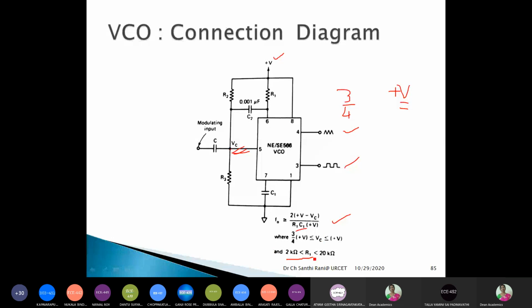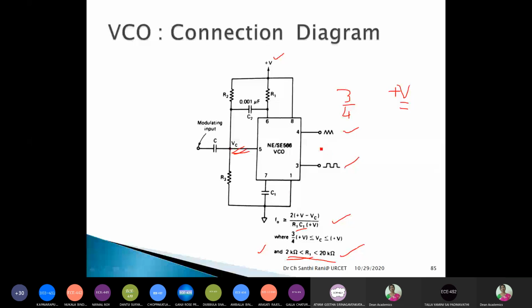One more point we have to keep in mind is that manufacturers always design any IC for a specific functionality, so they give some recommendations. It is recommended to have the R1 value between 2 kilo ohms and 20 kilo ohms. So this is the connection diagram, and from pins 4 and 3 we take the output.